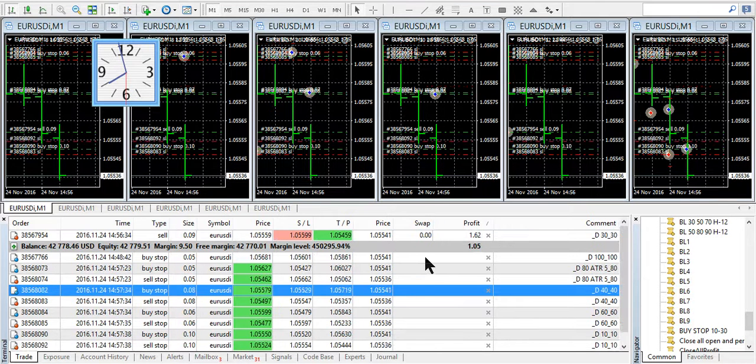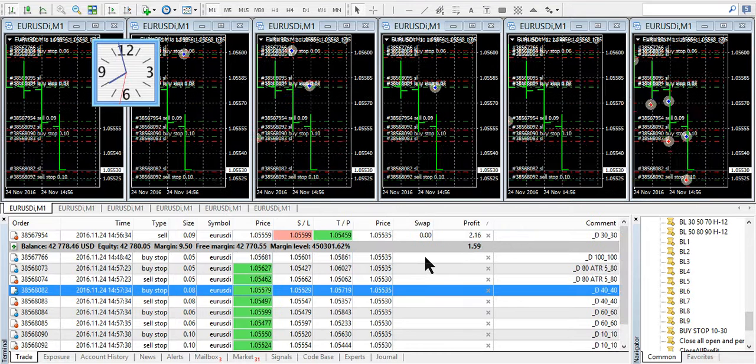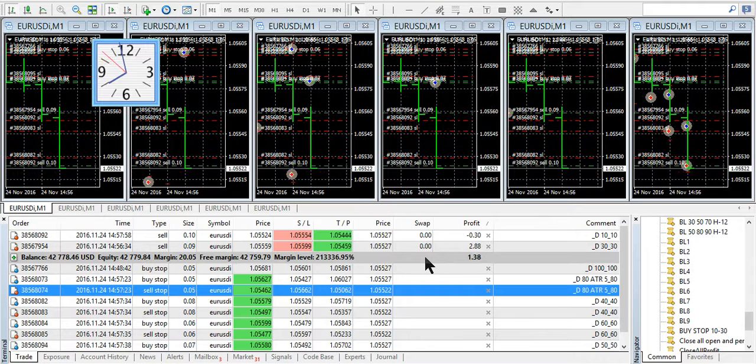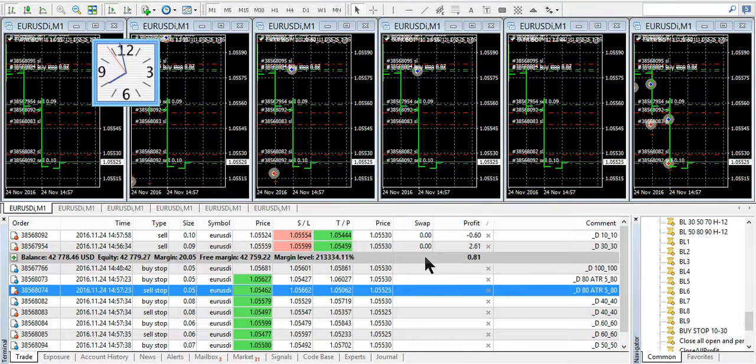Okay, here's 779. So at 779, I switched it to 42 779. We switched it over to this dual direction. $780 for a second.